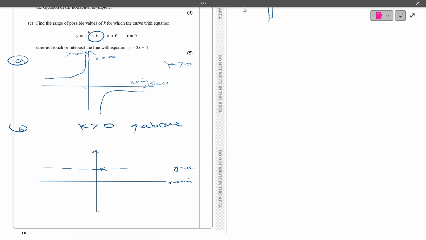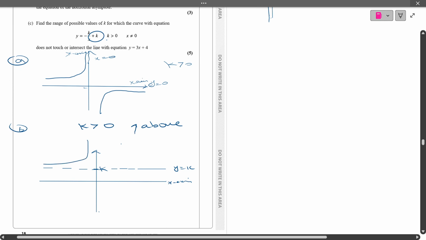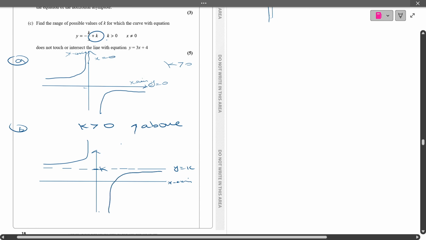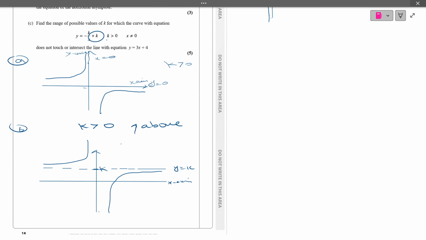Because this is a negative reciprocal graph, the curve will be in the second and fourth quadrant. In the second quadrant, the curve goes along the horizontal asymptote, and here is the curve. Something similar to it.